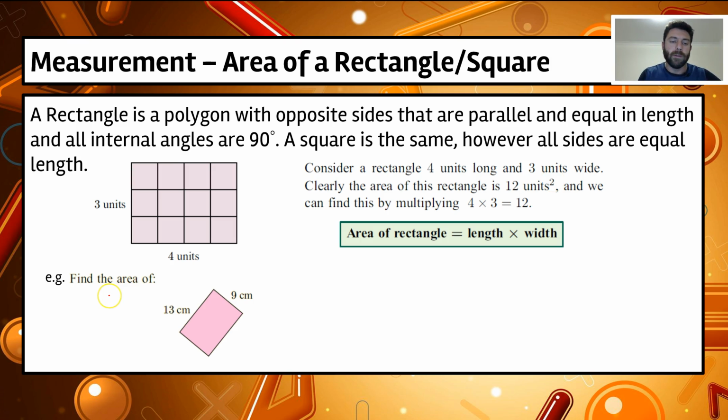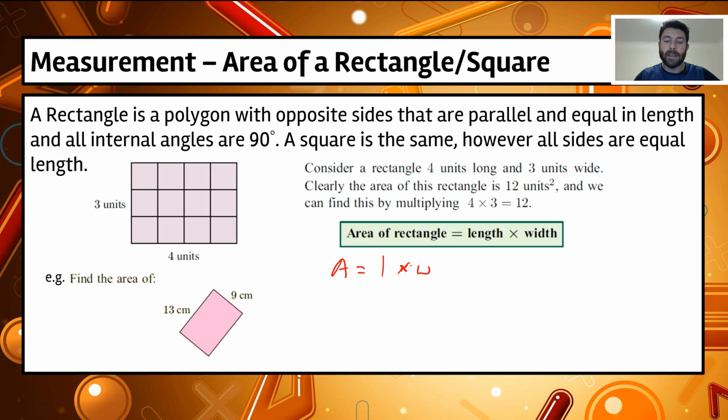Okay, so let's have a look at finding the area of the rectangle in the example that we've got here, and we're going to follow the 4 steps. The diagram's there, so I'm not going to draw it. Then we put our formula: the area equals length times width, using our shorthand variables, our letters.